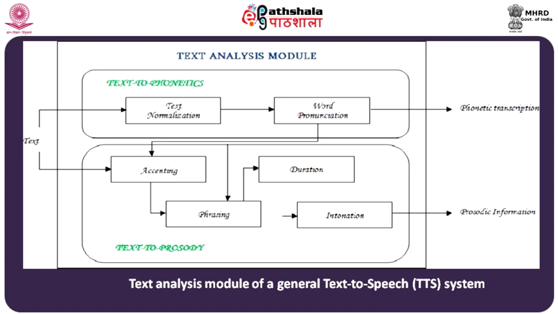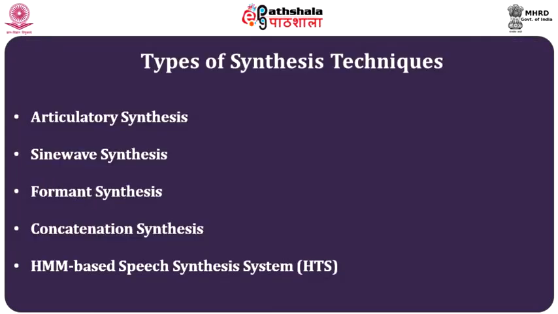The DSP module first breaks into rule-based synthesis and unit-based concatenative synthesis. The rule-based synthesis are of three types. The first one is articulatory synthesis, formant synthesis, and statistical parametric synthesis, while the unit-based concatenative synthesis has unit selection-based speech synthesis.